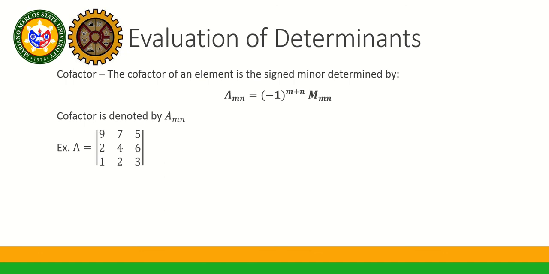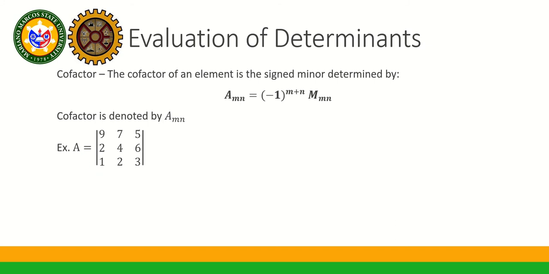Okay? So, cofactor. The cofactor of an element is the signed minor, and this is the notation of the cofactor. A_mn is equal to negative 1 raised to m plus n times the minor of that element. We have an example here.